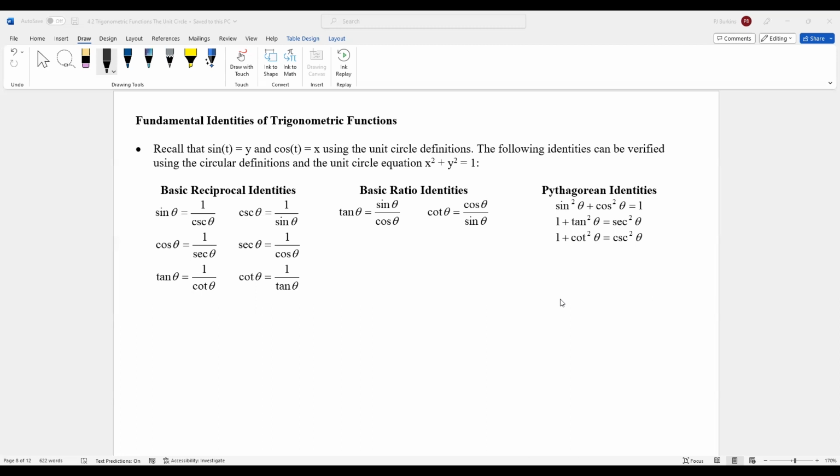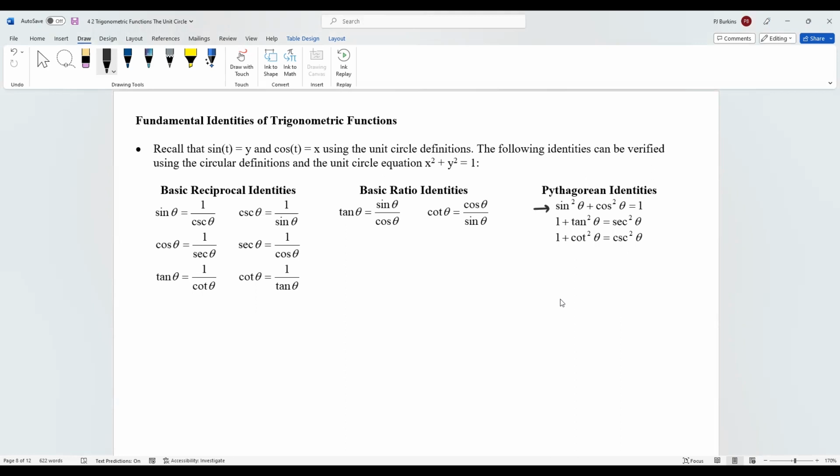And then the other ones that we didn't really talk about much were the Pythagorean identities. The most identifiable one, and probably the most important one for trig altogether, is sine squared plus cosine squared equals 1. And that directly comes from the unit circle.